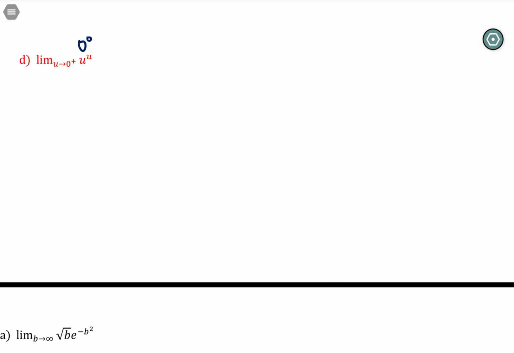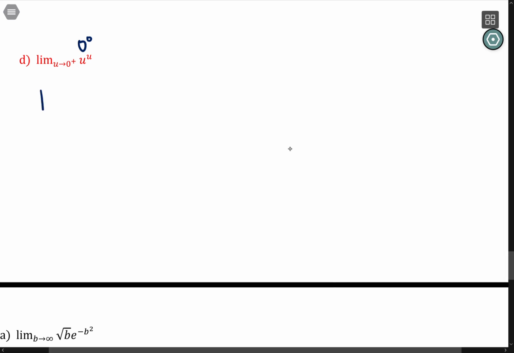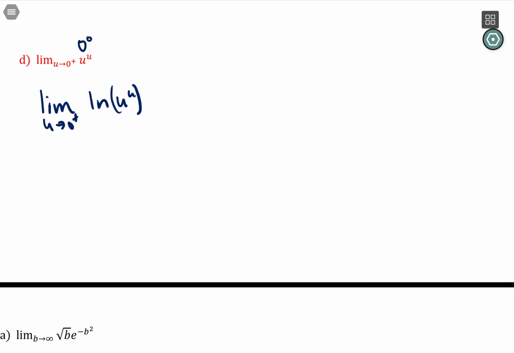Let's see, okay, so this is one of those, whenever you have an exponential form, you can introduce a natural log. So this is not going to find me the value of u to the u, but I can find the value as kind of a side problem of the natural log of u to the u. So just introduce a natural log, we'll get rid of it later.